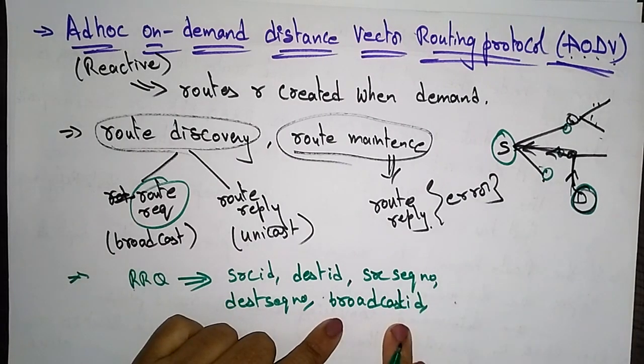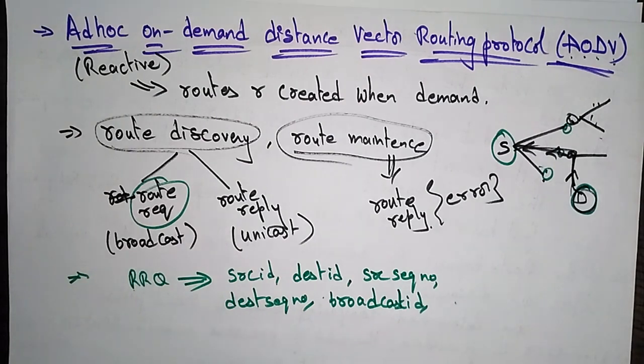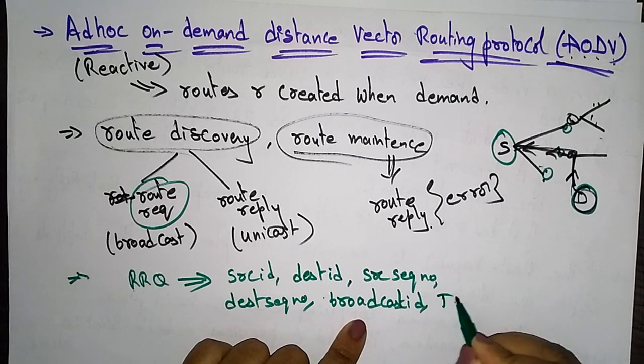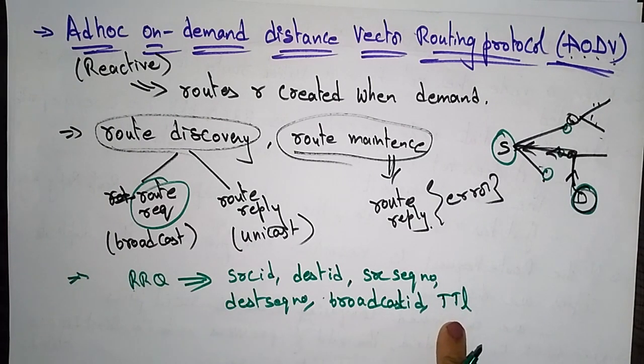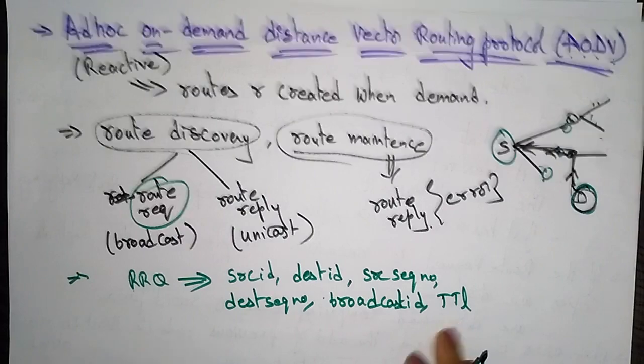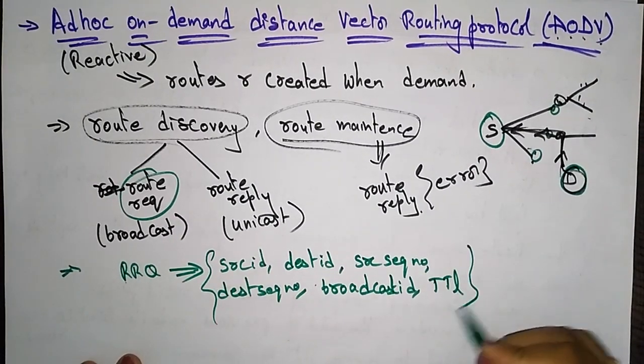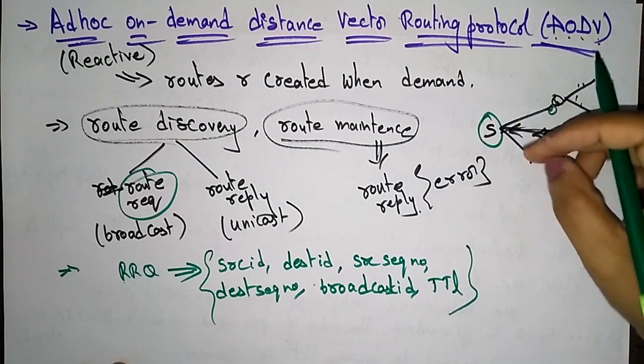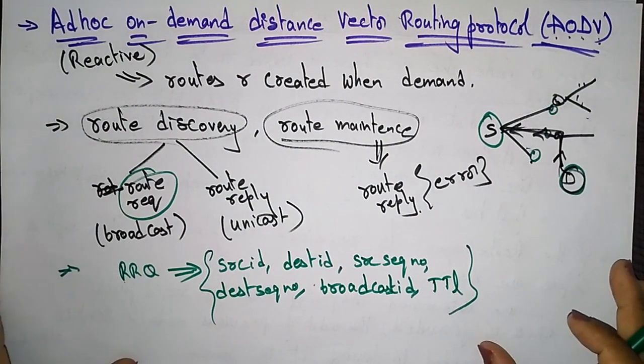The broadcast ID is used to discard multiple copies of the same route request. We also use the TTL, time to live, which is used to avoid loops. This is the information the route request sends to all the neighboring nodes of the source.